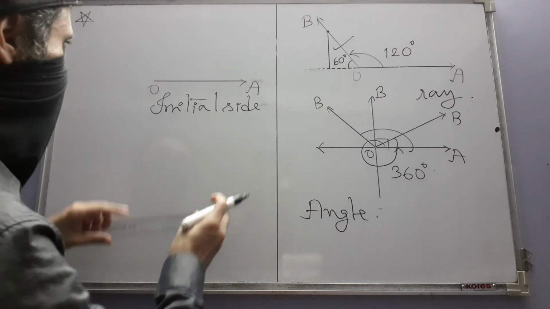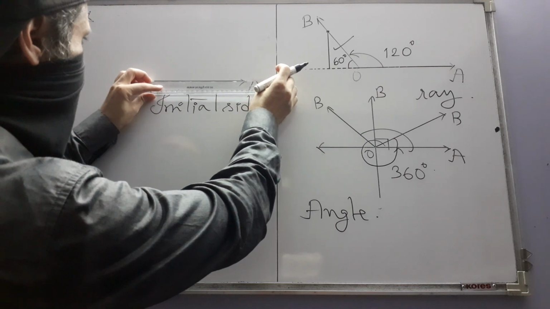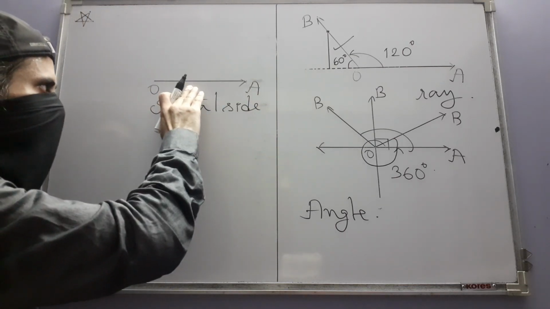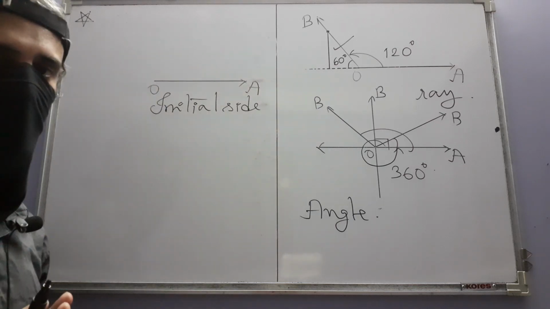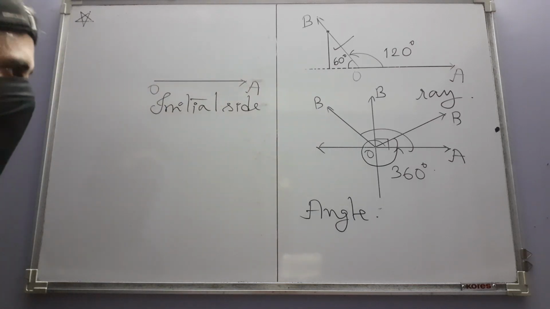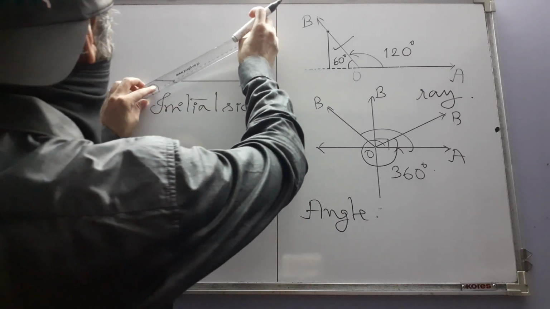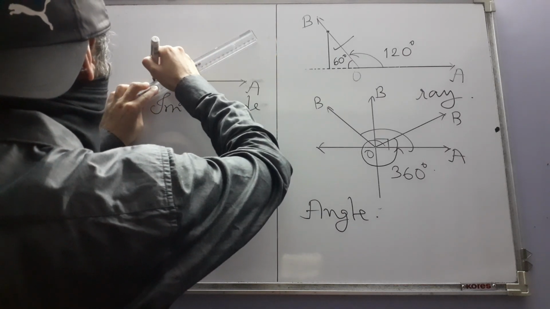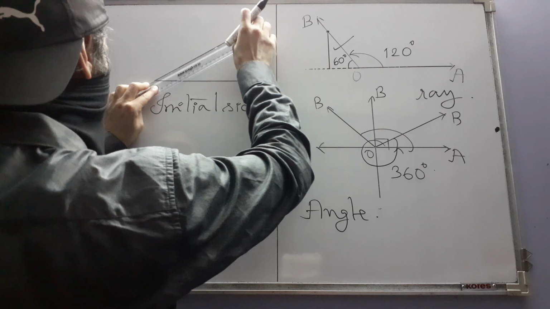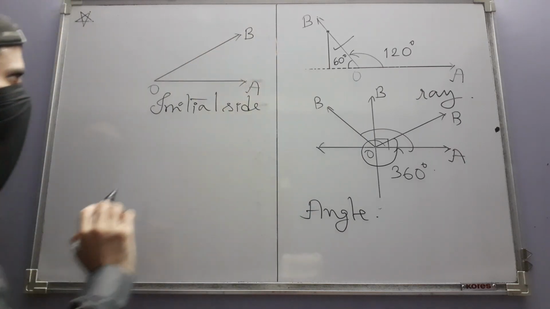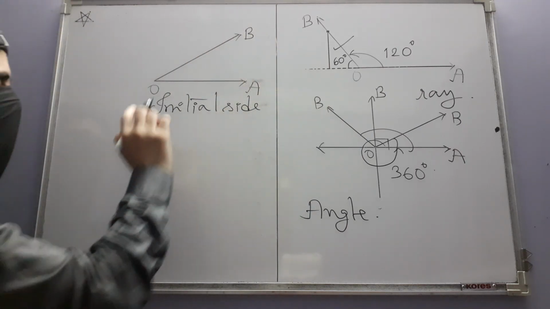But OB initially starts in this position. So OB at the initial stage coincides with the ray OA, but then it undergoes a rotation. Say that rotation has taken OB to this position finally, and then it stops.